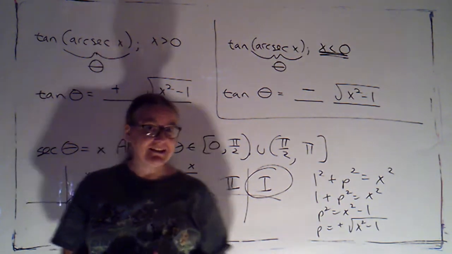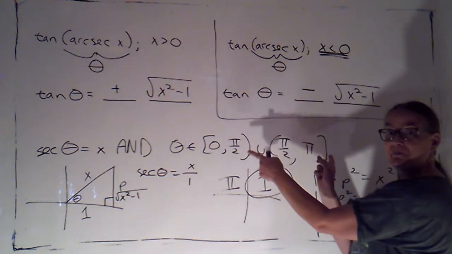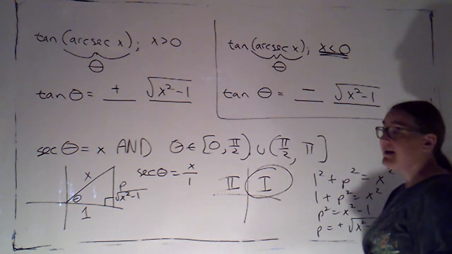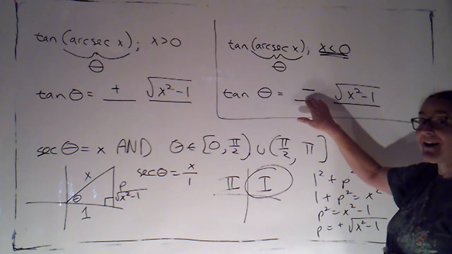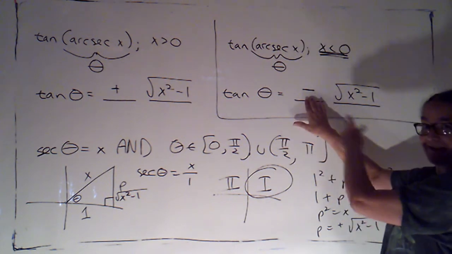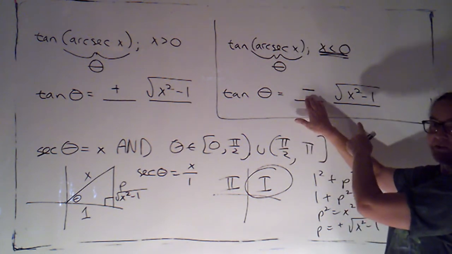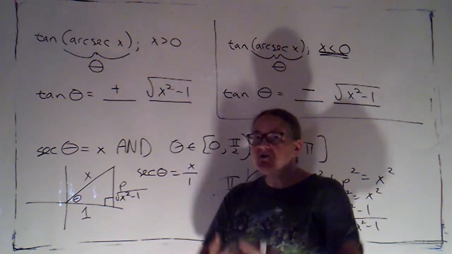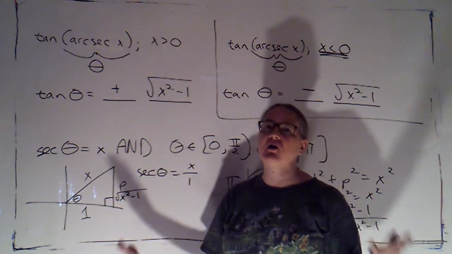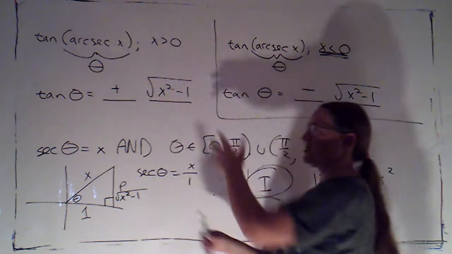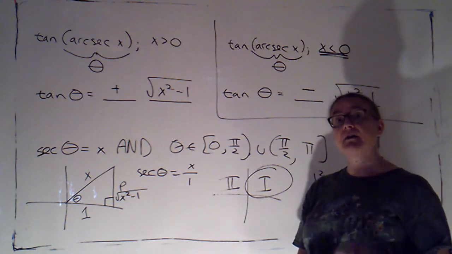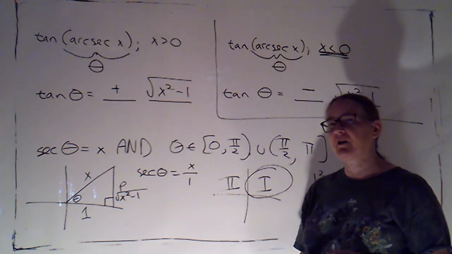The reason is to avoid this problem. If we had chosen quadrant 3, tangent would have been positive. We would have gotten the same answer in both quadrants. So it feels a little weird to not choose adjacent quadrants, but then you get the same answer for all compositions. And this is just one example where we get different answers, but if you choose 1 and 3, you would get the same answer for both compositions.